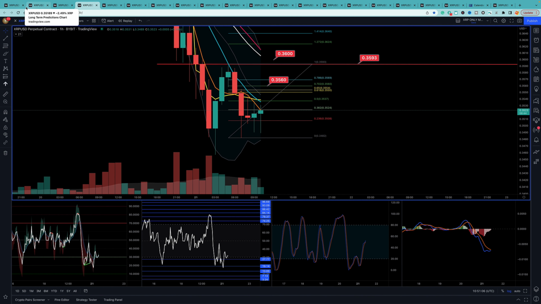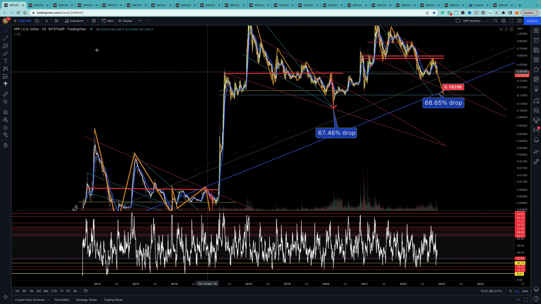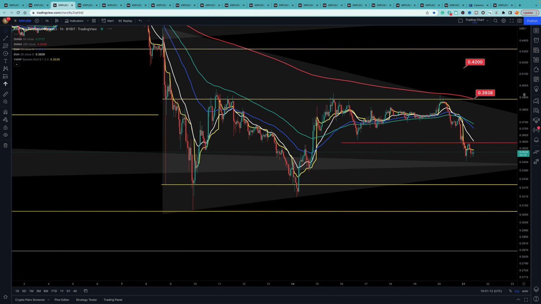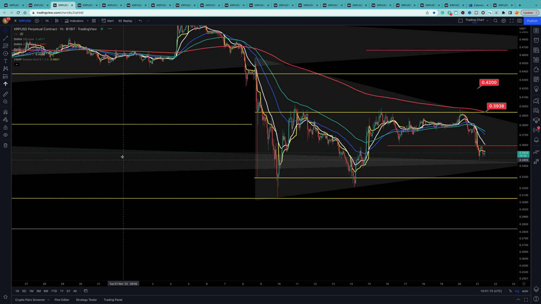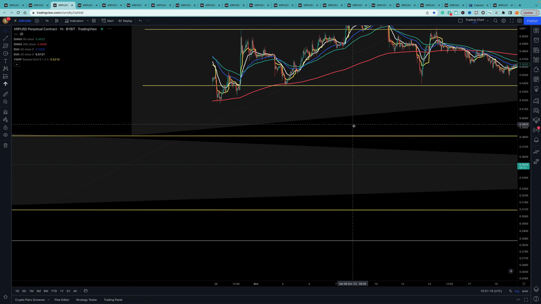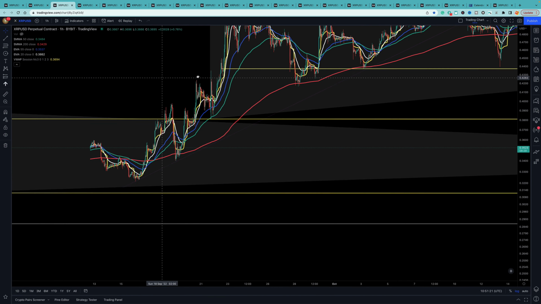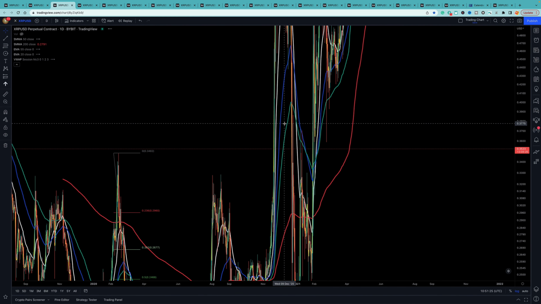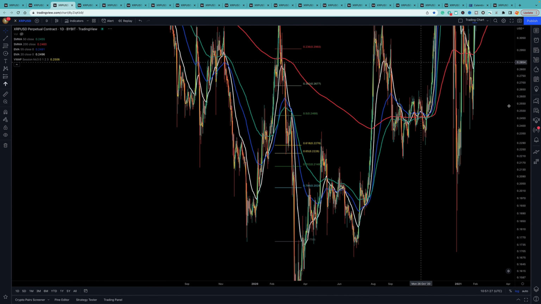I mentioned this before, and I'll say it again. What I'm looking for is a little bit more of a confirmation of the bottom. Again, you know yourself, this is crypto, so this could all turn around and head up.